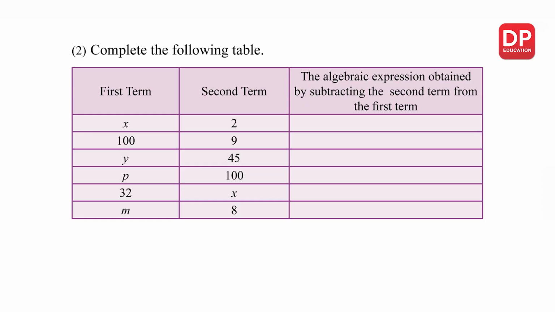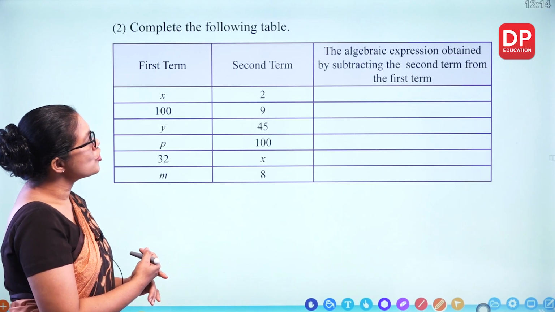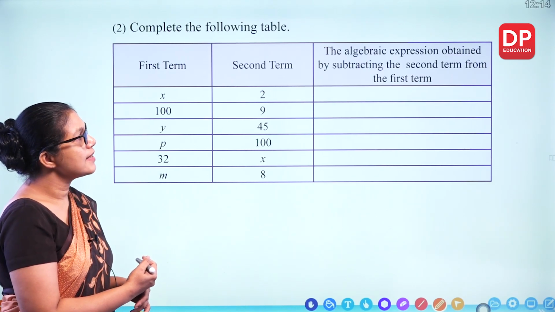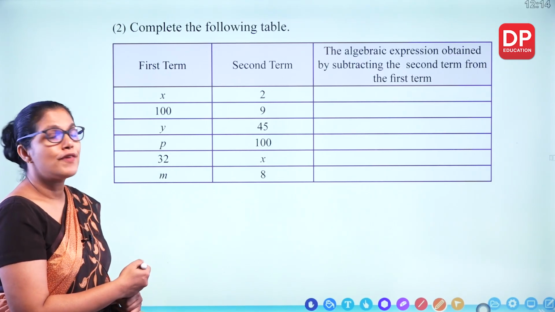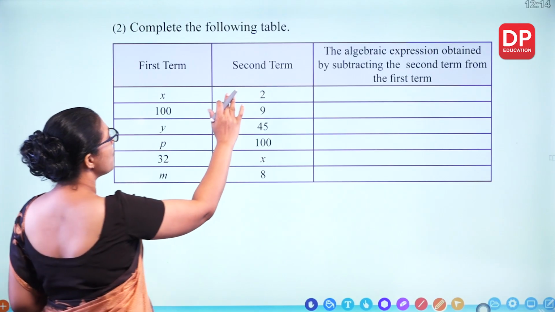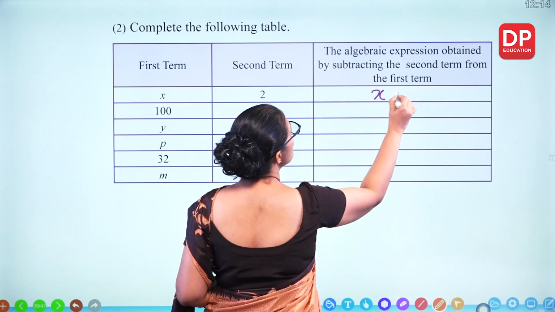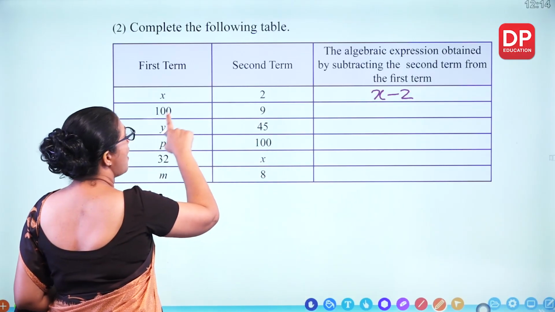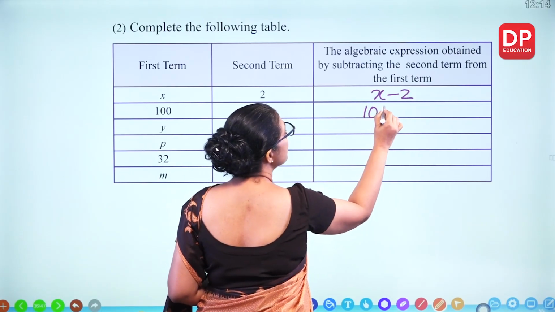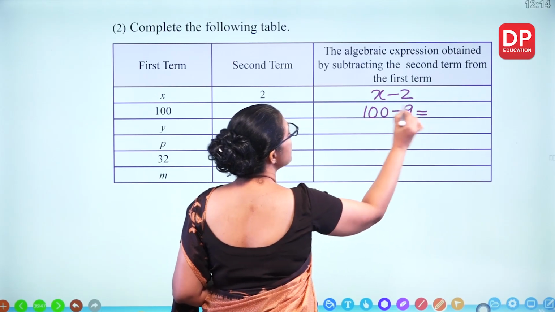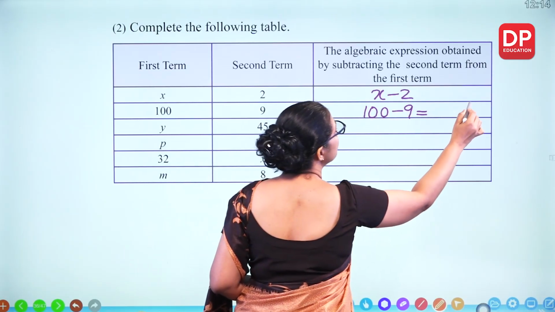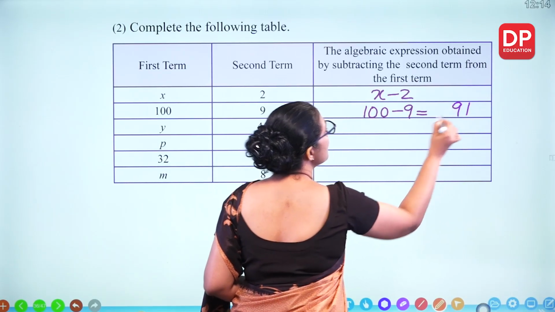Complete the following table. First term is given, second term. The algebraic expression obtained by subtracting the second term from the first one. You have to subtract this one from here. X minus 2. 100 minus 9. You can simplify it to 91.